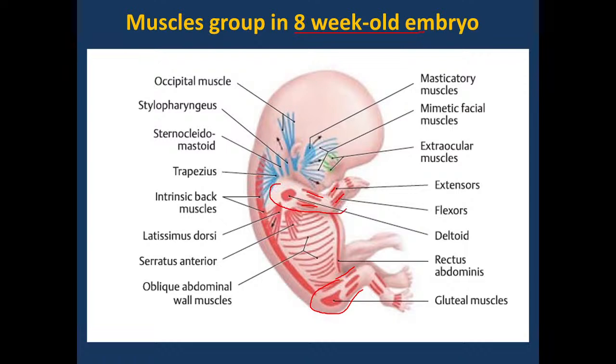The upper limb forms earlier than the lower limb, especially during the embryonal period of time.